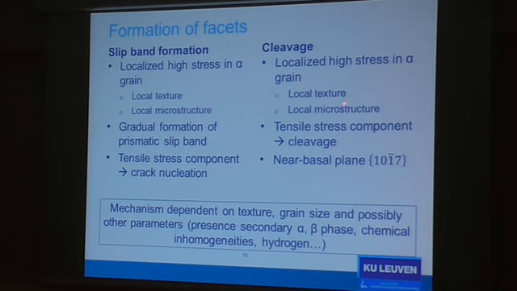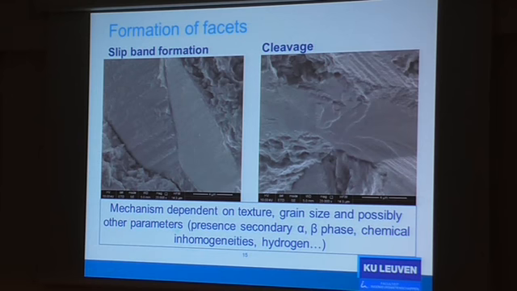In the case of cleavage, there is a very high stress on a certain grain that is oriented in a bad way. Because of this, there can be sudden cleavage of this grain, according to the cleavage plane in alpha titanium, which is this plane. Then we get different markings afterwards on the fracture surface.